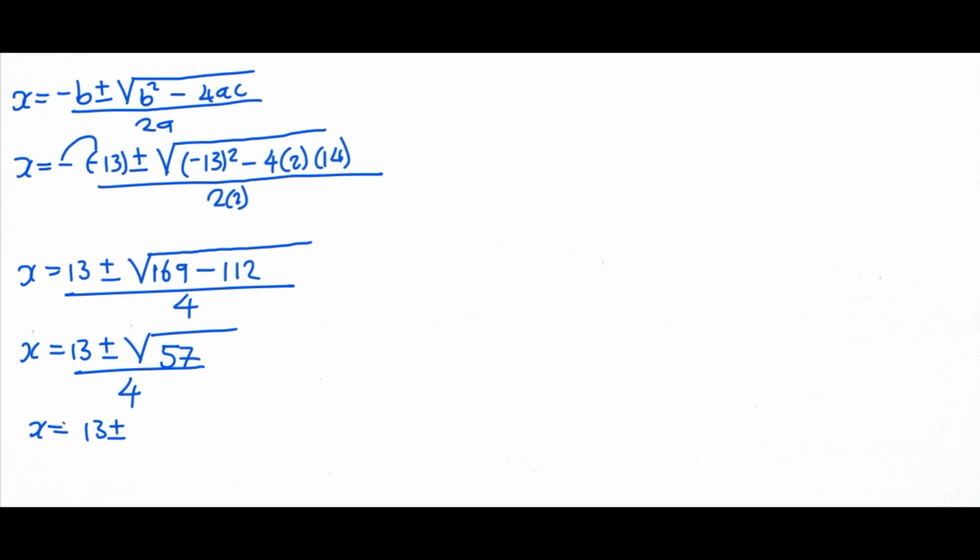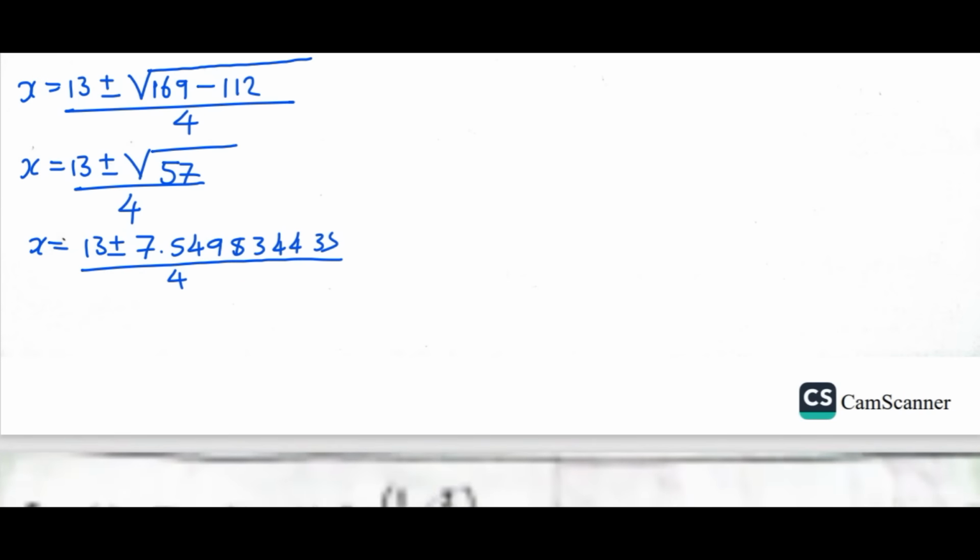So I'm getting 7.549834435 over 4. Then what do you do? You separate.